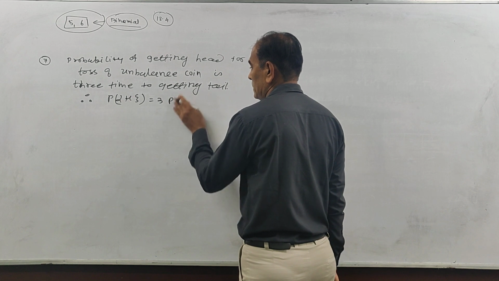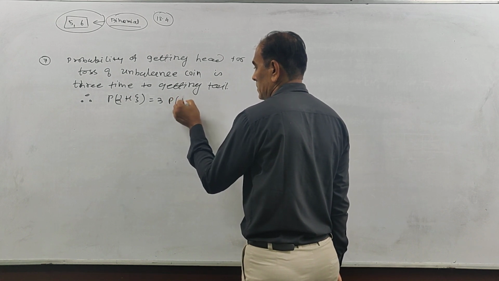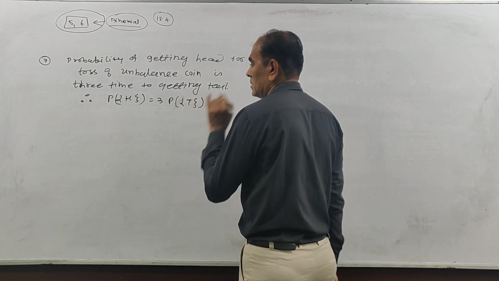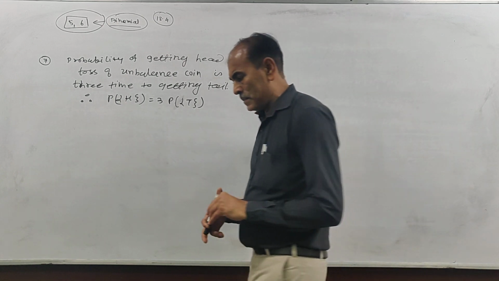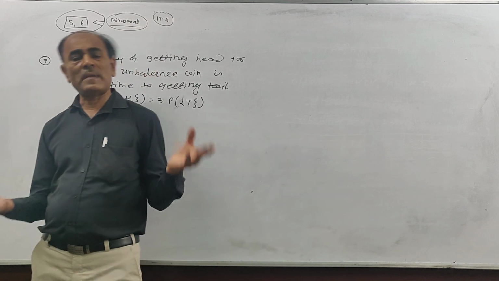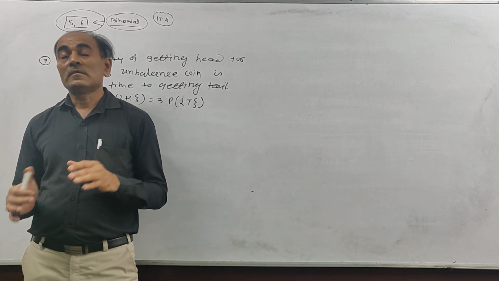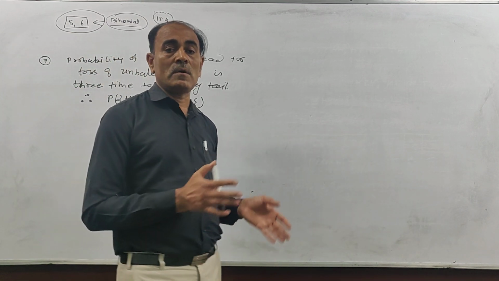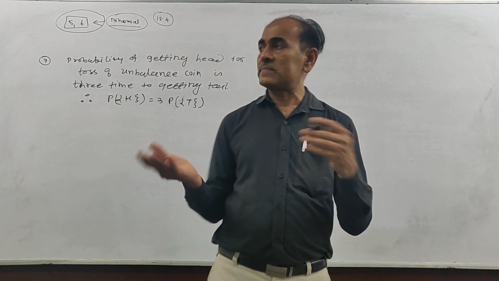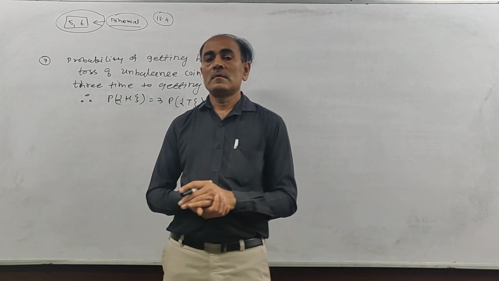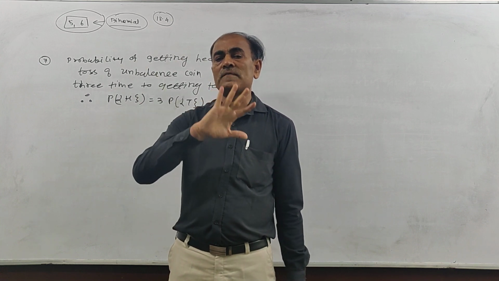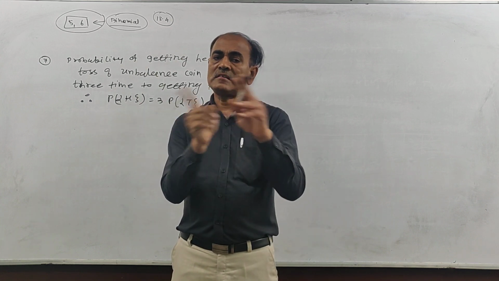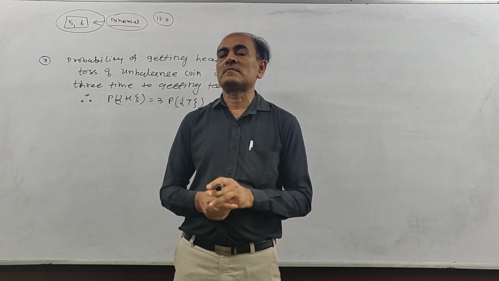P of H is 3 times P of T. That is given to us. Usually, with a balanced or unbalanced die or coin tossed once, either head falls or tail falls. The only difference is in their probabilities.